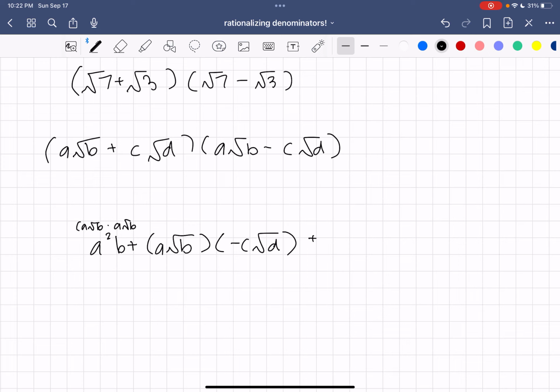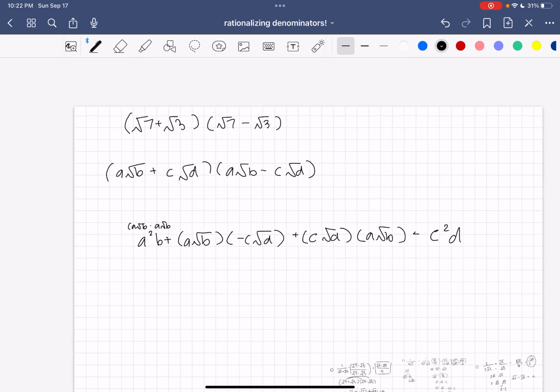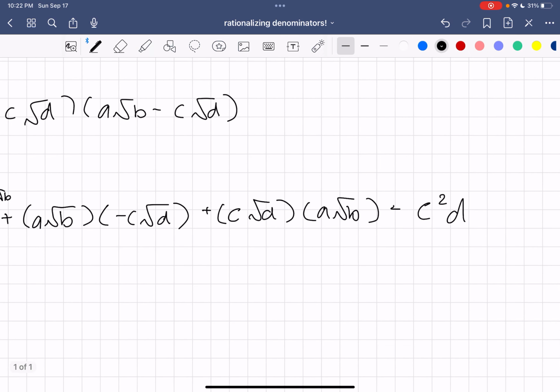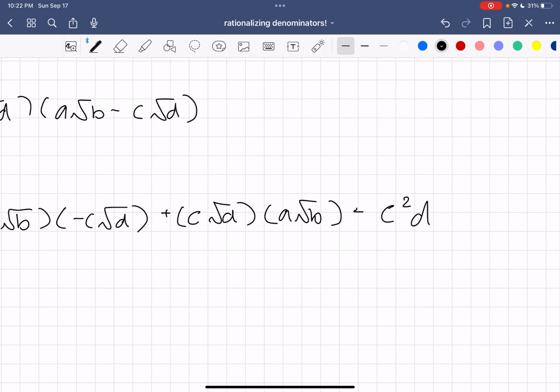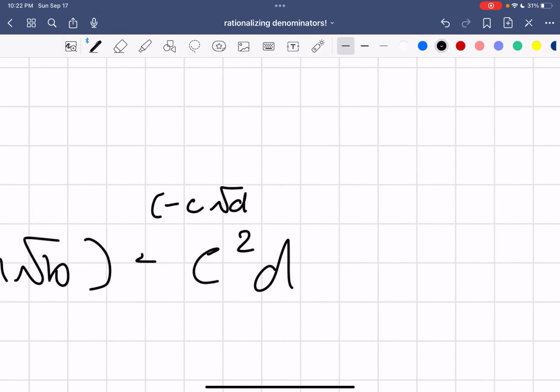Plus C times square root of D times A times square root of B, minus C to D. And this is negative C times square root of D. Wait, yeah, okay.